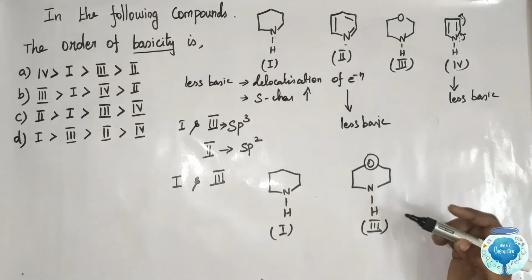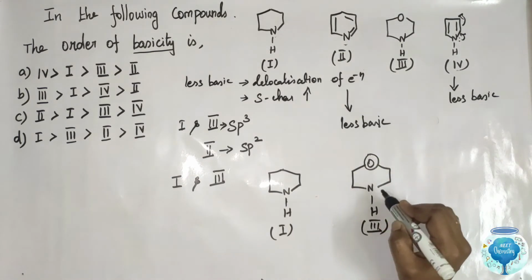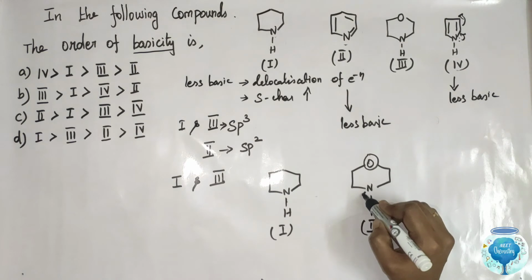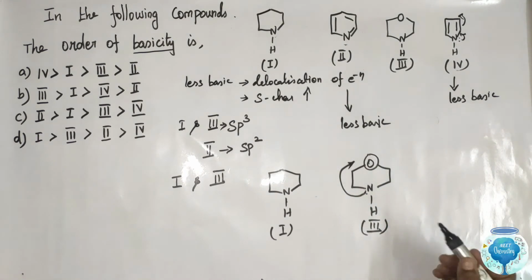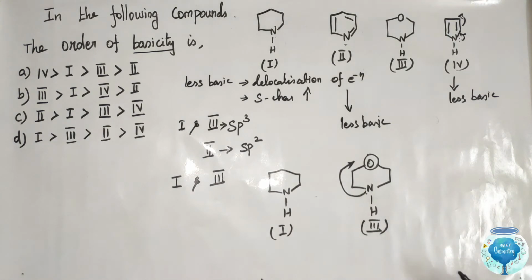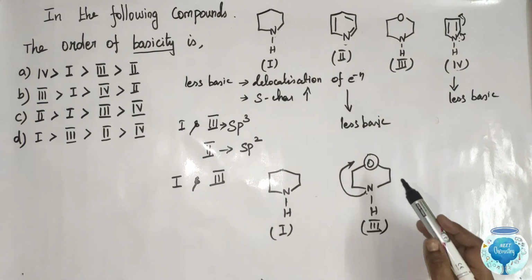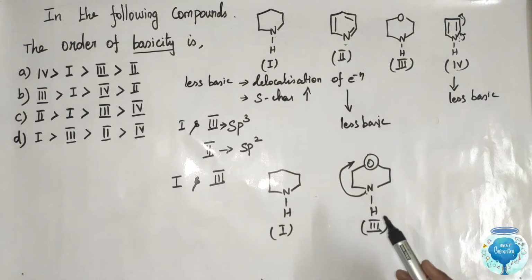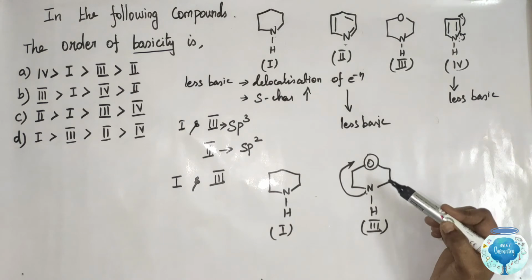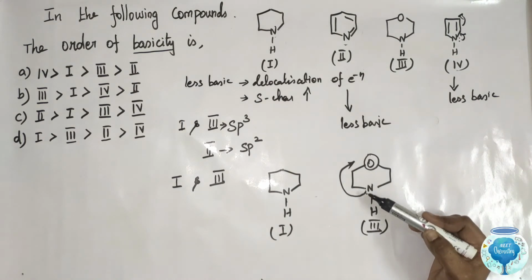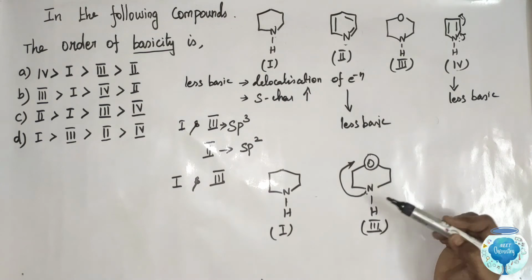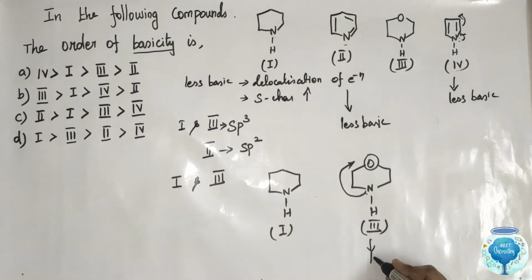This oxygen atom pulls the electrons from the lone pair of electrons on the nitrogen atom. The electrons move away from the nitrogen atom, so it is less basic in nature.